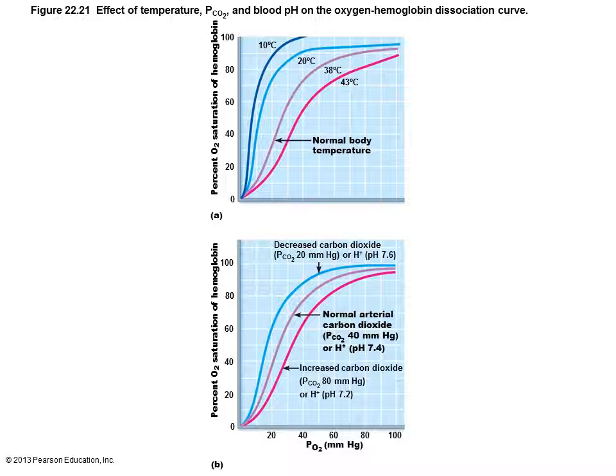However, if body temperature is raised to 43 degrees, as the red line shows, oxygen saturation is lower. At 40% saturation, PO2 is a lot lower. Partial pressure is lower at the higher temperature than at normal or lower temperature.